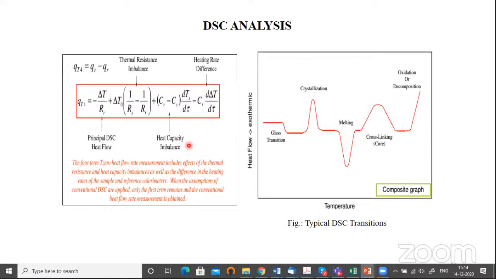The way this phase change material stores the heat and discharges the heat, on that basis only this heat capacity imbalance factor comes into the picture. And then on the basis of this, we find out, for the same amount of heat, how much temperature rise there is for the phase change material kept in the sample plate in comparison to that of the reference plate.